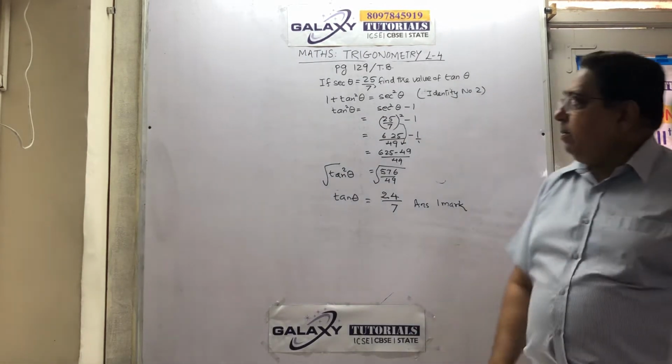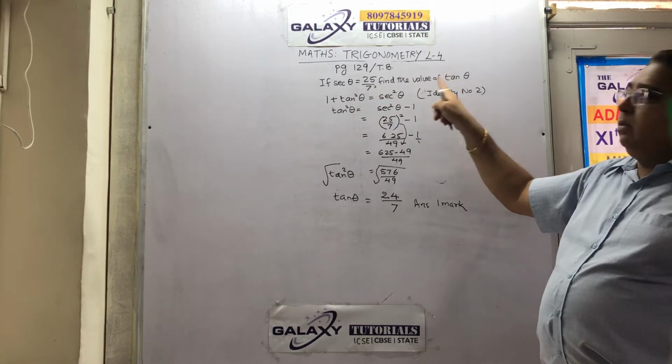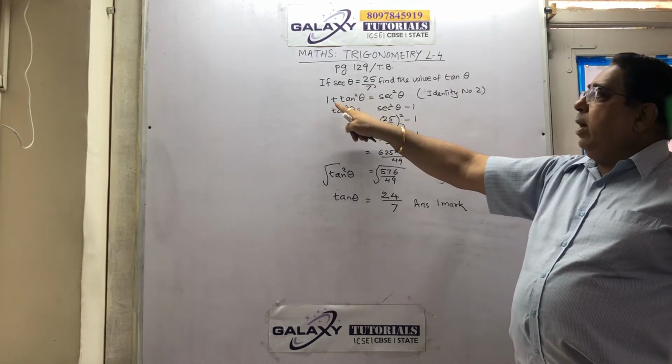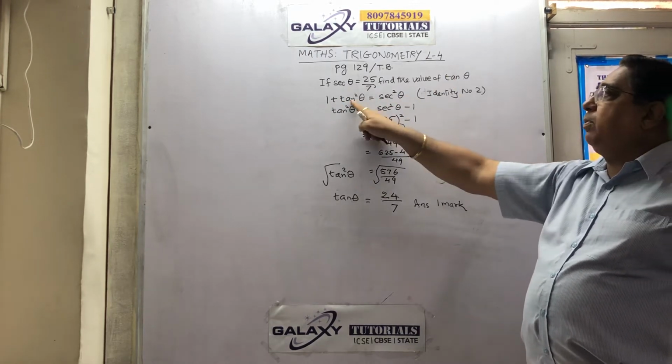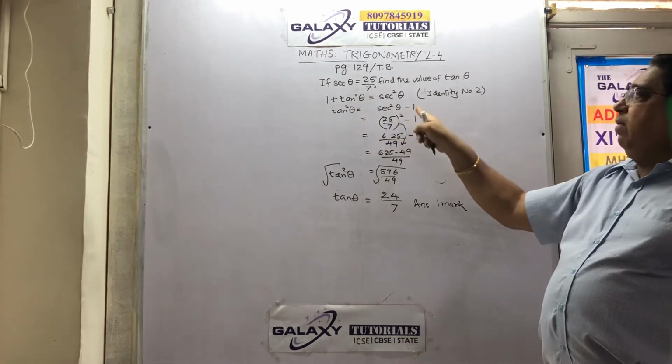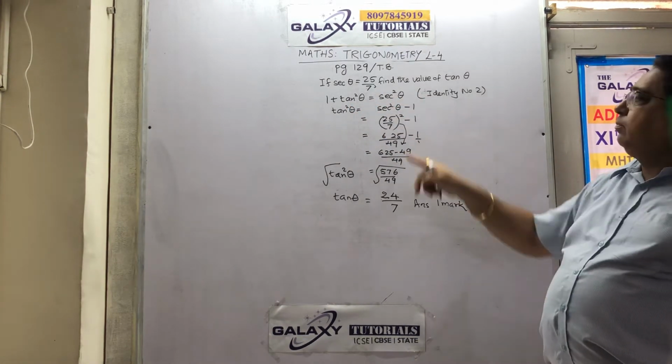Going through the sum again. Sec theta is given. We have to find tan theta. We have learned the identity: 1 plus tan square theta is sec square theta. I need tan theta, so I will keep tan square theta on the left hand side and take 1 to the other side. Otherwise you can substitute here also, but you will have to change the sides.